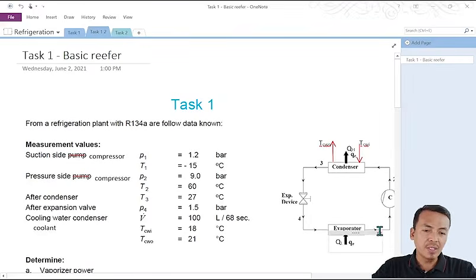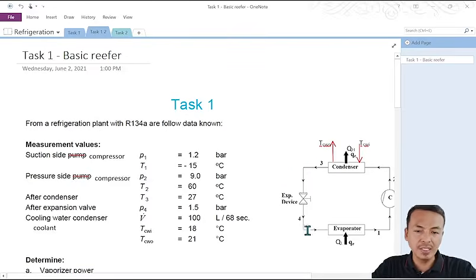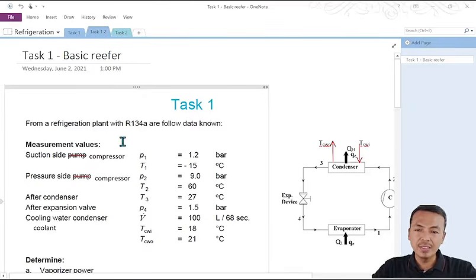Point number one, H1; H2 after the compression; H3 after condensation; and H4 after the expansion process. In the evaporator outlet condition, before the compression, we have a pressure of 1.2 bar and minus 15 degrees Celsius.